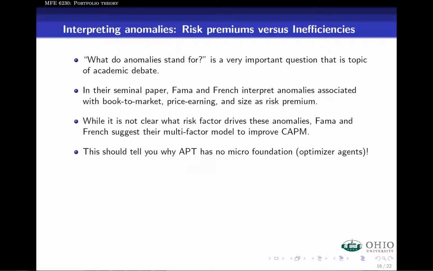So one is basically attributing all these anomalies to systematic risk, and that school basically is following from a French type of interpretation. They're going to say, well, we have this model that adds these factors to our basic CAPM, and then we get to improve our understanding of how returns vary over time and across stocks.